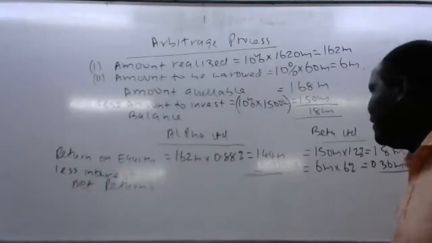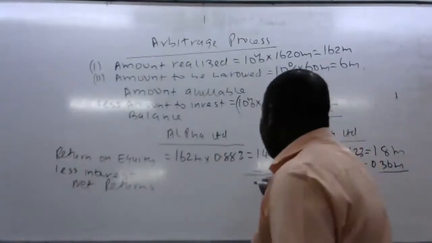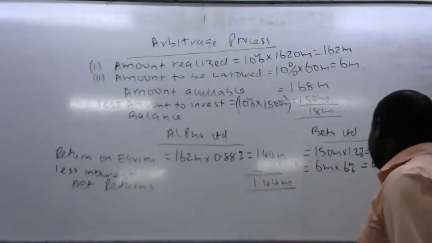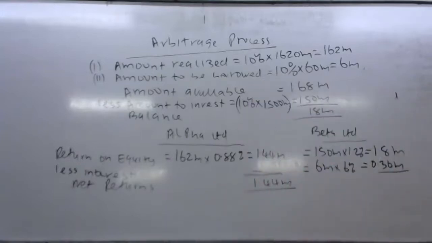Get the net returns. So this one will remove 1.44. How about the one for beta limited? Here how much will it be? 1.44 million.